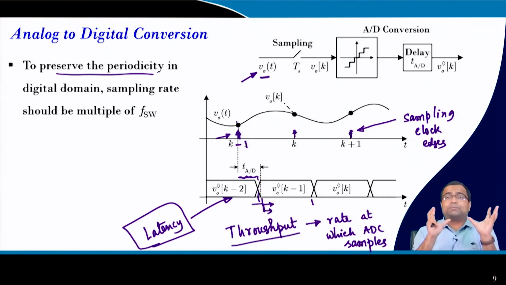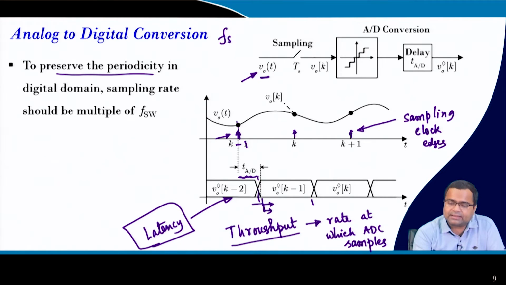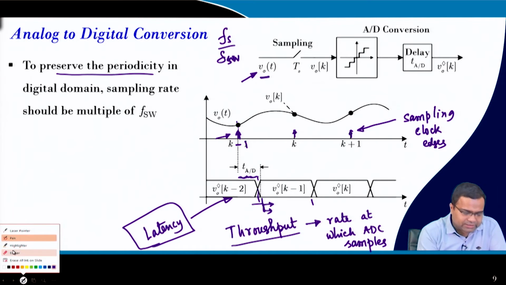because in order to preserve periodicity, generally the sampling rate is an integral multiple of the switching frequency. If it is a fraction, then let us consider a scenario.